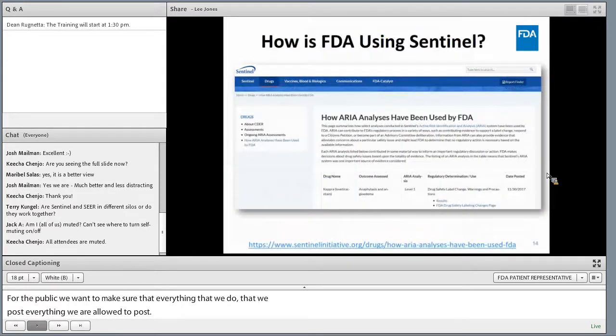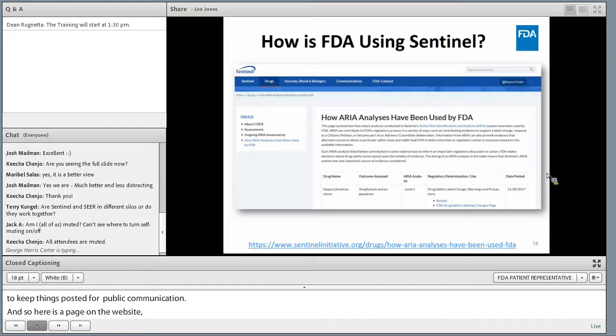Next slide, please. So here's a page on the website that shows how FDA has used Sentinel during its time as a full program. And what this webpage does is connect the dots.